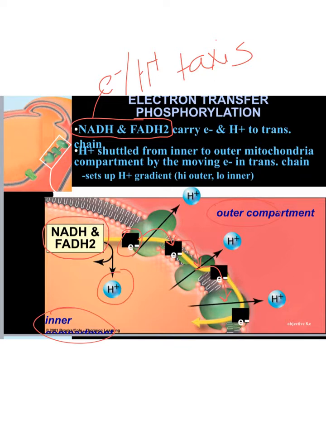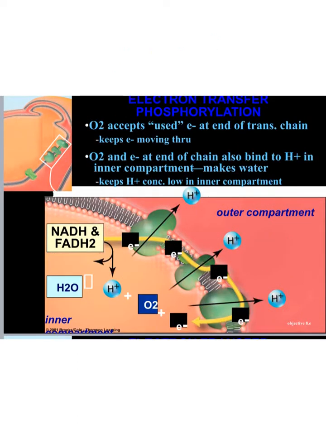As it does that, these hydrogen ions are pumped out to the outer compartment of the mitochondria. So we're going to set up this concentration gradient out here with all these hydrogen ions in the outer compartment. So the gradient that we're going to set up is going to be high in the outer compartment, low in the inner compartment. So that's going to be really important.